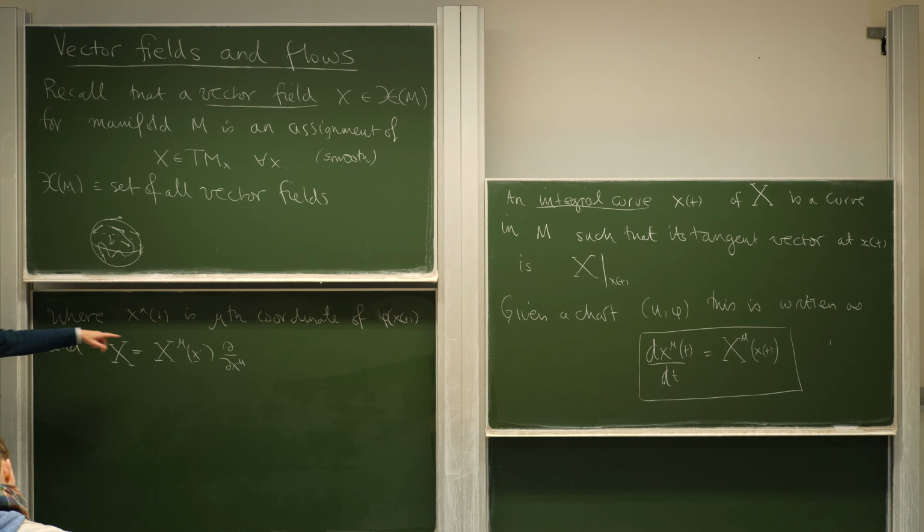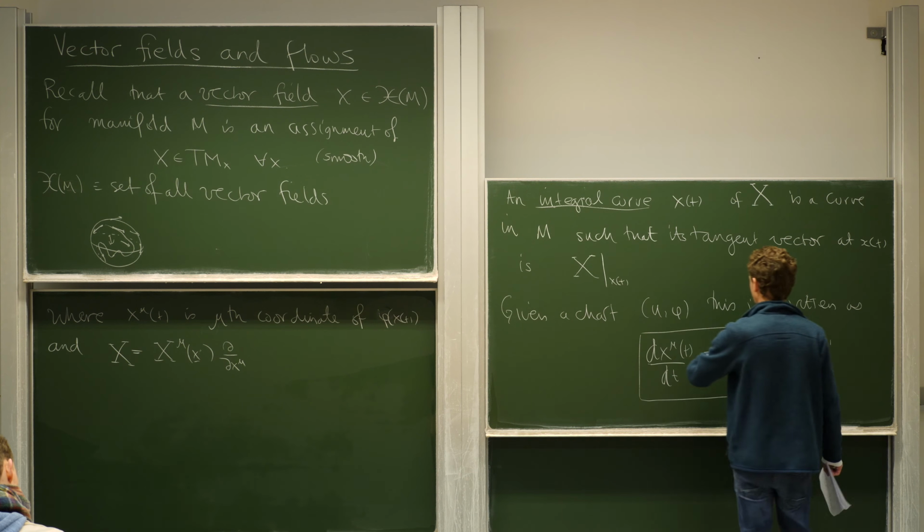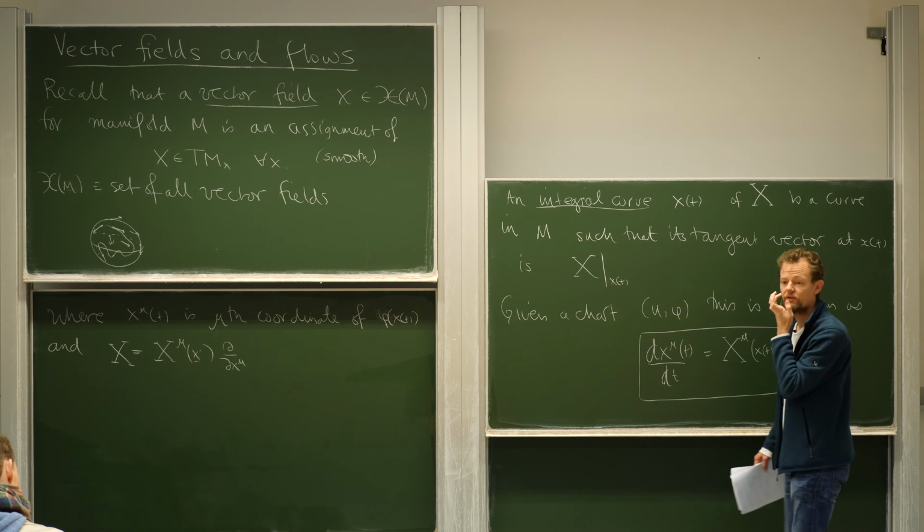So that's the explanation for the symbols here. They're just the coordinates of this curve. These are the coefficients.